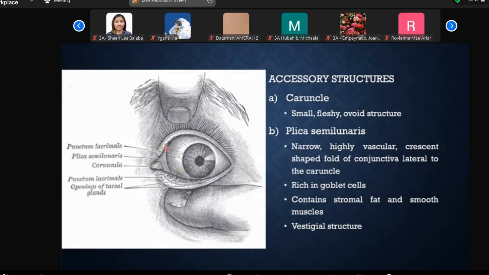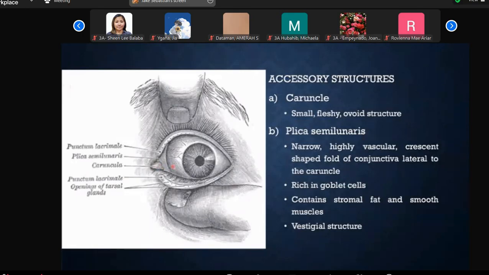The next structure here is the plica semilunaris. This is the filmy structure, a narrow, highly vascular crescent-shaped fold that you notice in the medial conjunctiva lateral to the caruncle.